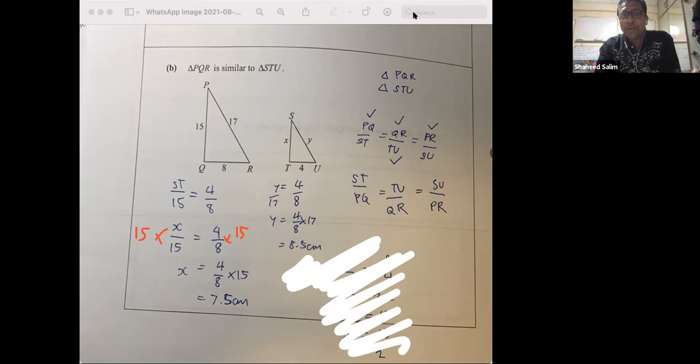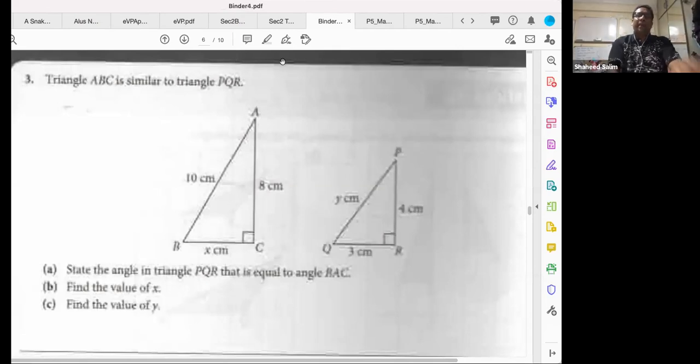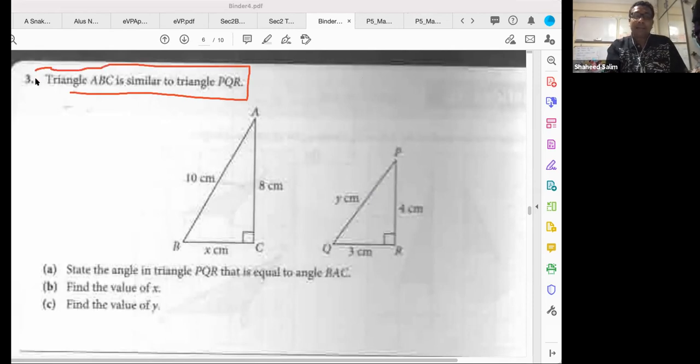Am I teaching you what's logical? But some students asked your teacher, and he said no, my teacher said that you shouldn't assume. Oh, okay, I can tell you why. That is very, very correct, if there is no such statement here. Now the question already says this triangle is similar to that triangle.